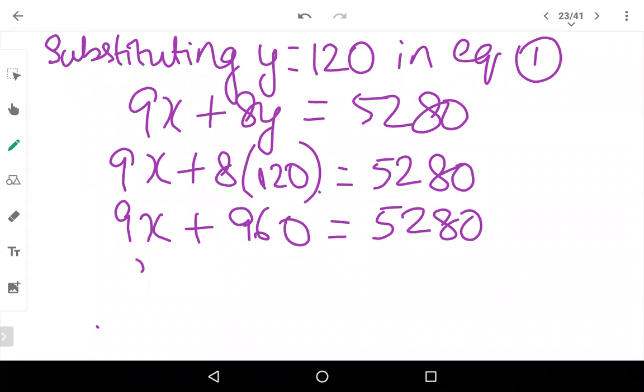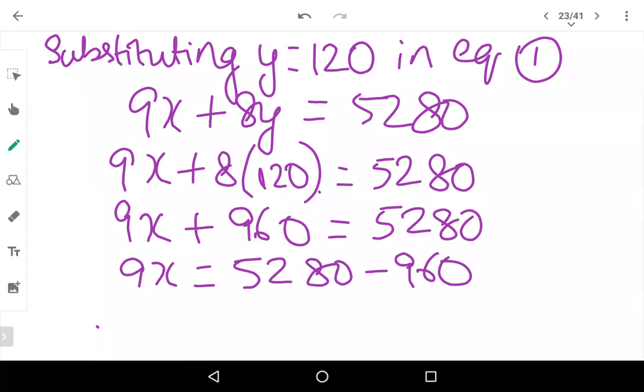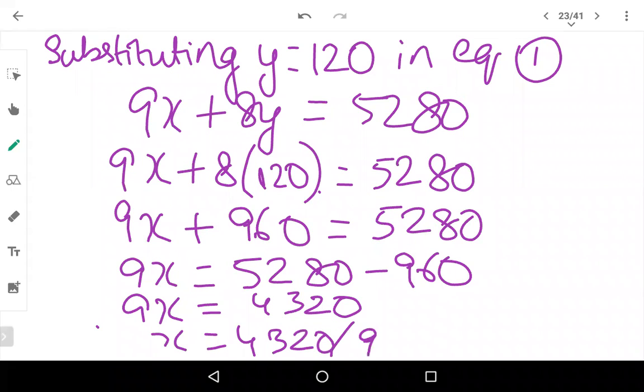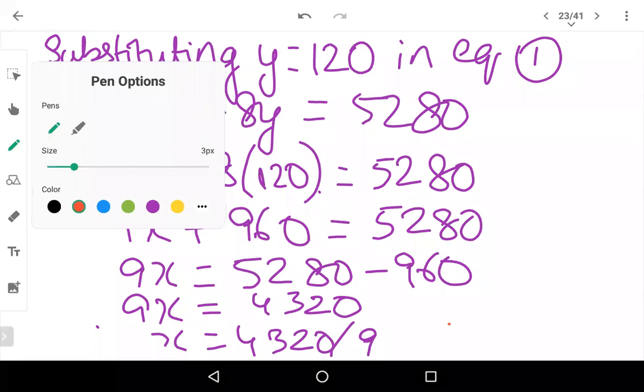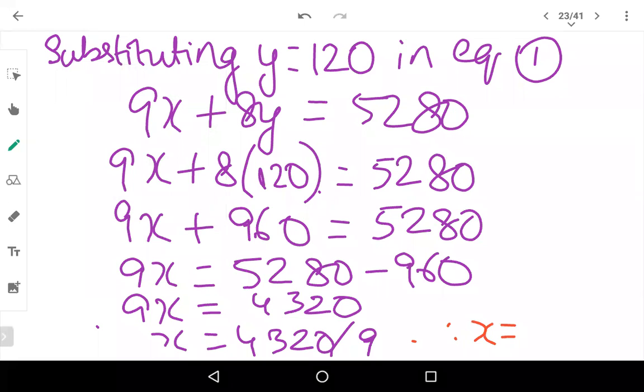Good. So therefore x is equal to 480. Right? Everybody got this? Great.